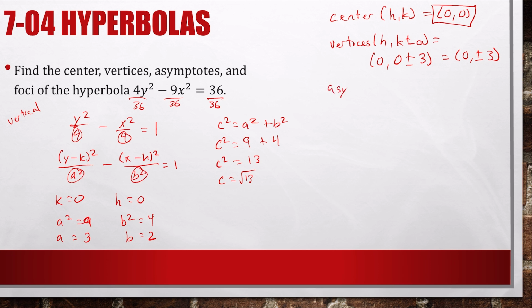The asymptotes are in the form y equals k plus or minus a over b times (x minus h). It'll be 0 plus or minus 3 over 2 times (x minus 0), or y equals plus and minus 3 over 2 x.